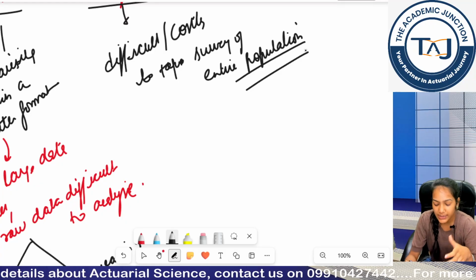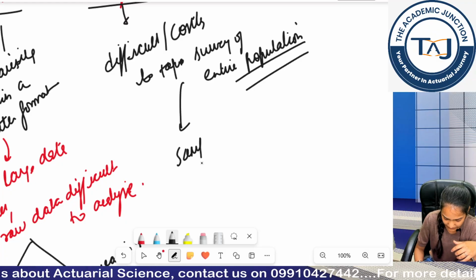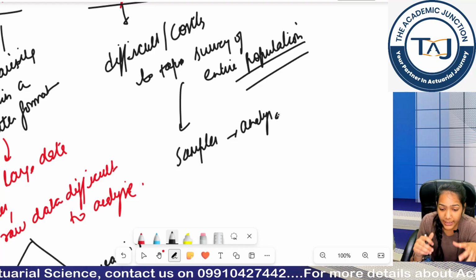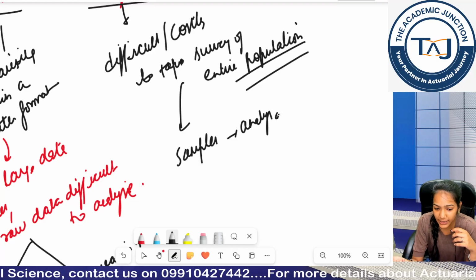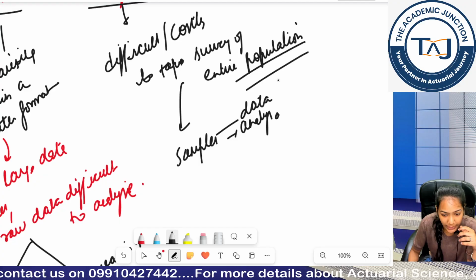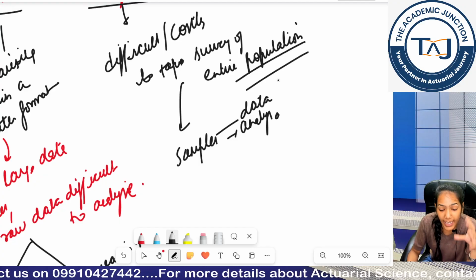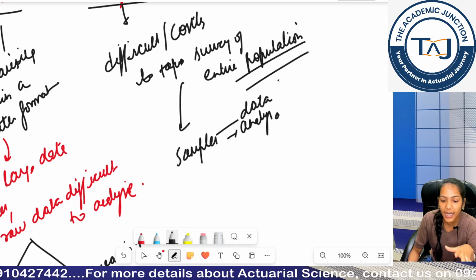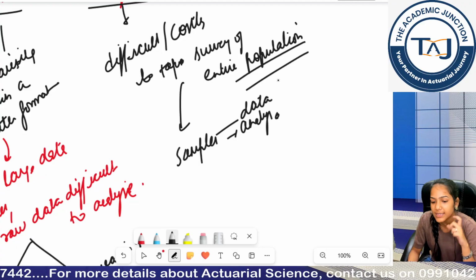So what I do is I take samples. I analyze a sample, and based on this sample data, I then make assumptions or inferences regarding the population.